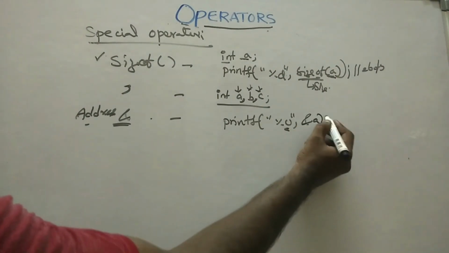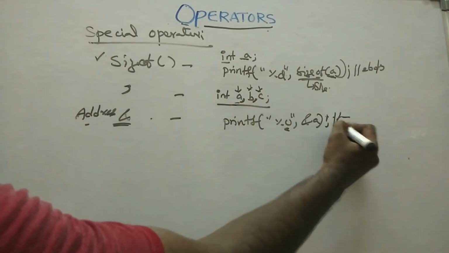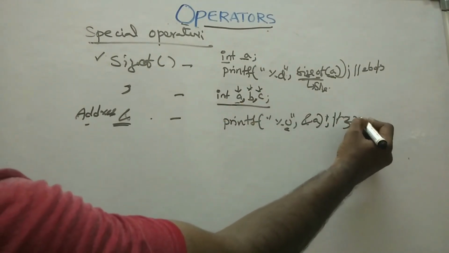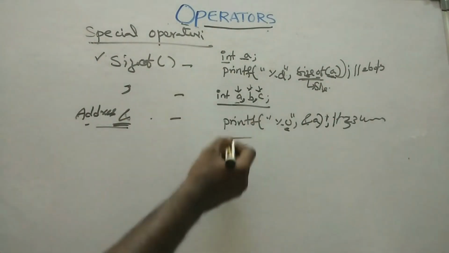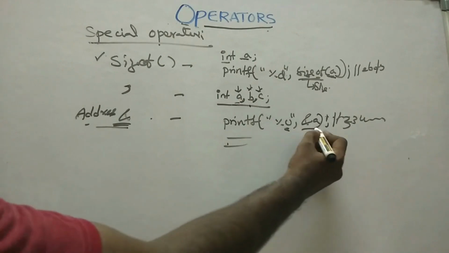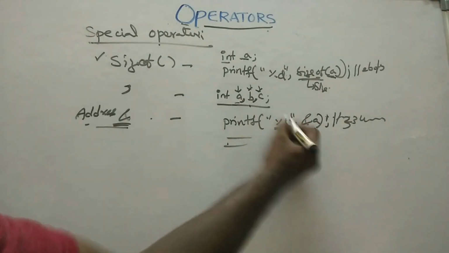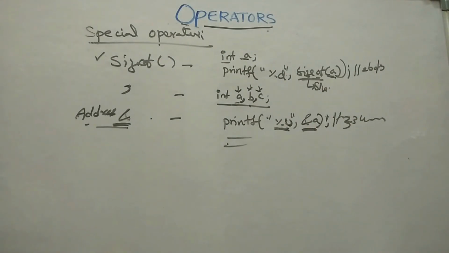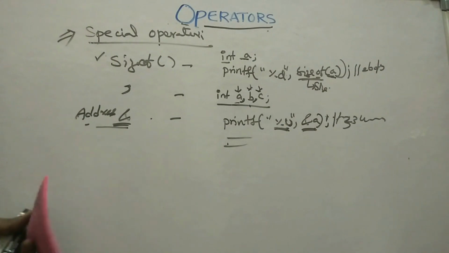Then the address of a: what is the address of a? That particular address location will be displayed. If you want to display the address location of a variable, you can use the address operator, but the format you have to use is unsigned integer only. Right? These are all called special operators.